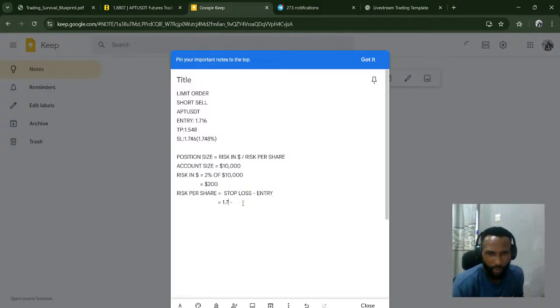So it becomes 1.746 minus the entry price, which is 1.716.